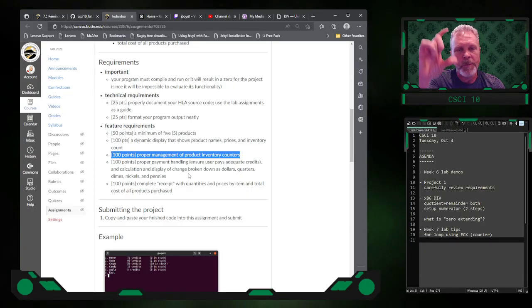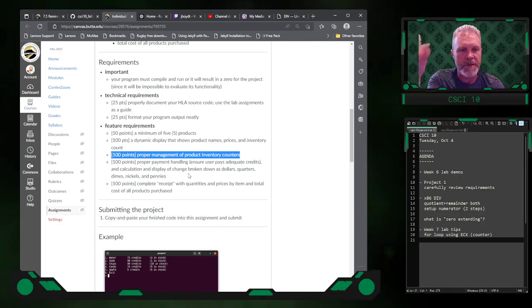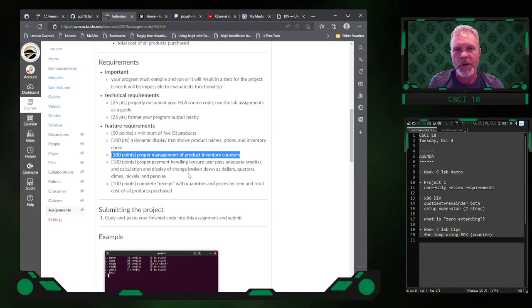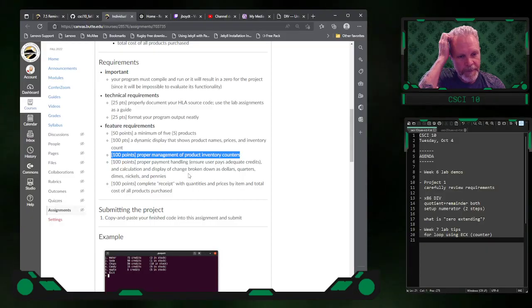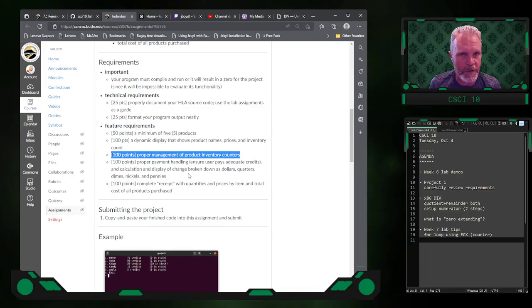Some people will do it more like a shopping cart where I buy an item and it goes in my cart, and I buy another item, it goes in my cart. And then eventually I say I'm ready to check out, and then I'm given my total that I owe, and then I have to pay an adequate amount against that total. You can handle that however you want.